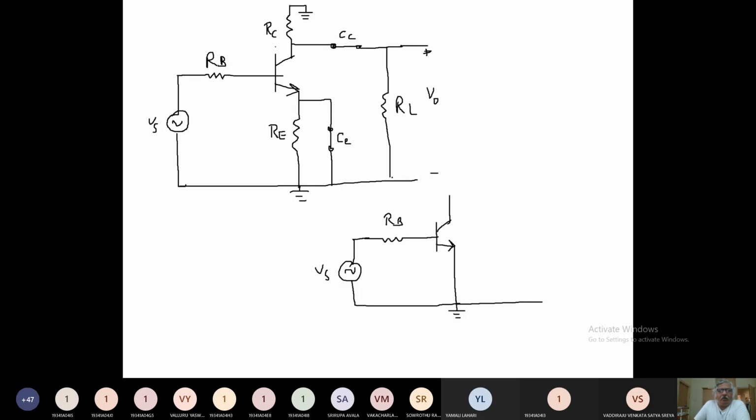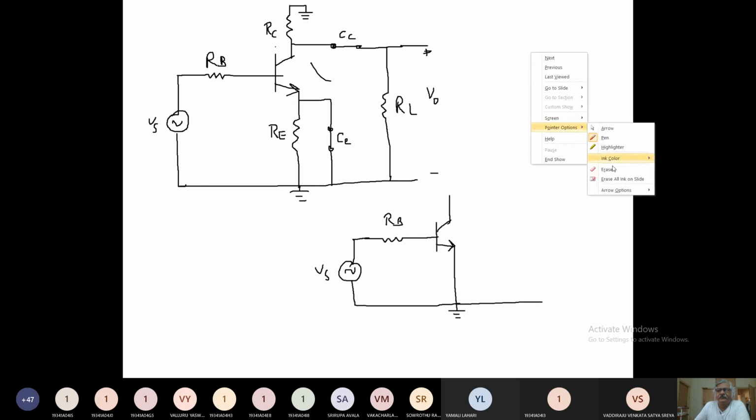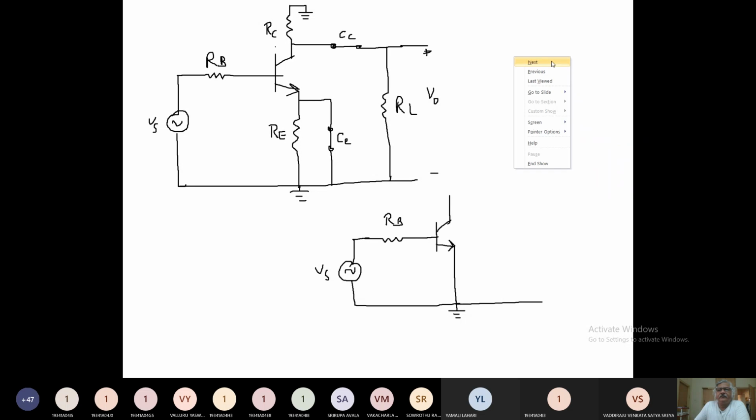Now you see here in this figure, you see this figure here, RC resistance. One end of this resistance is connected to ground, right? You can draw in this way.